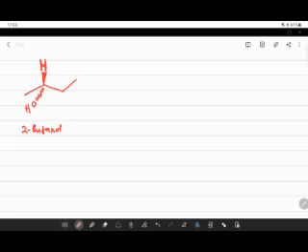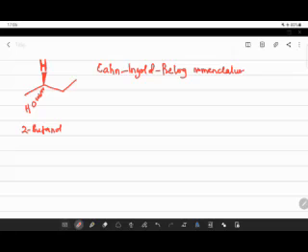Three people provided the most comprehensive description of how to distinguish between these two. And so that system that they proposed has come to be known as the Cahn, Ingold, and Prelog nomenclature, or system.